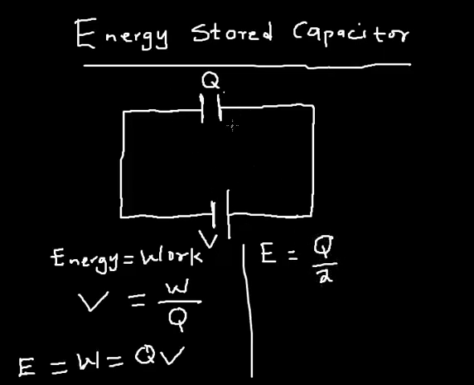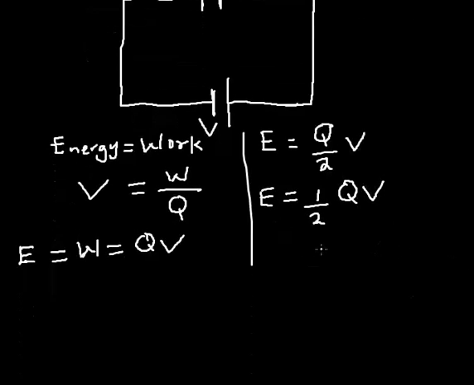So the average charge stored by each plate is going to be the total charge divided by 2. Then of course multiply by V. So invariably we can say that the energy of a capacitor is half the charge it stores multiplied by the voltage supplied to it. That's the energy of a capacitor.